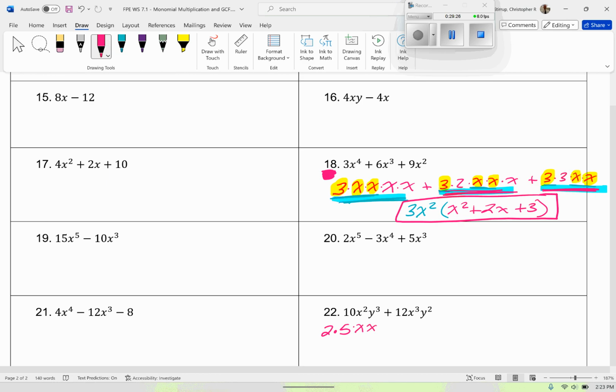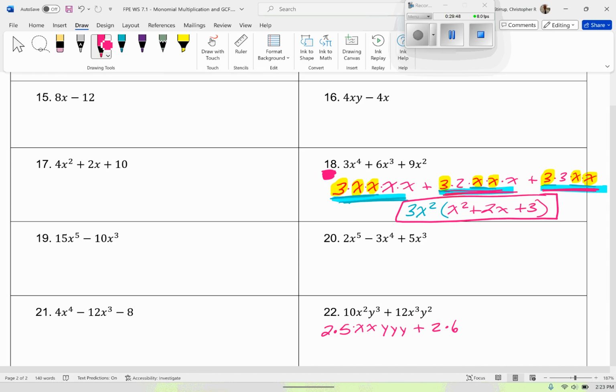Y to the third is what written out? Good. Y times y times y. Plus, break down 12. 12 is the same thing as what times what? 2 times 6. Now, some of you might say 3 times 4. And you're right saying 3 times 4, but are 3 and 4 the same as the 2 and the 5 at all? No.